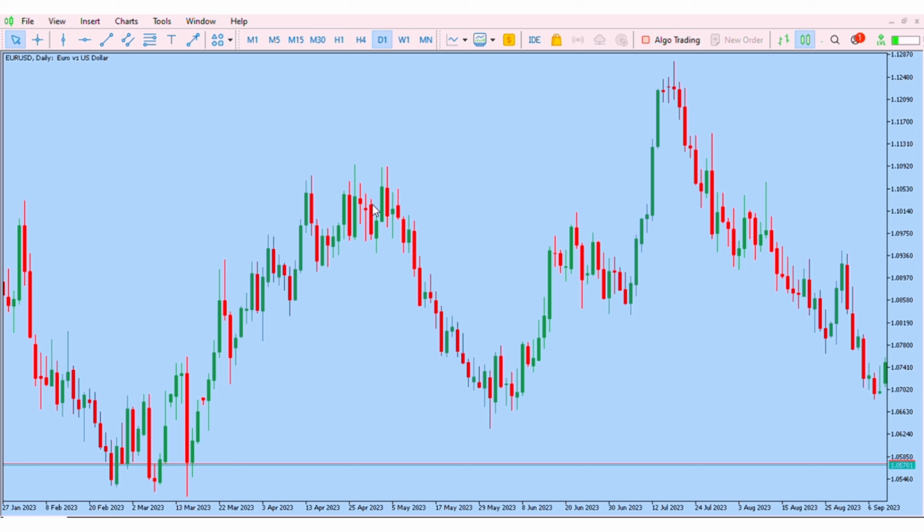At this zone, the right price action will definitely see the market reverse for a downtrend.